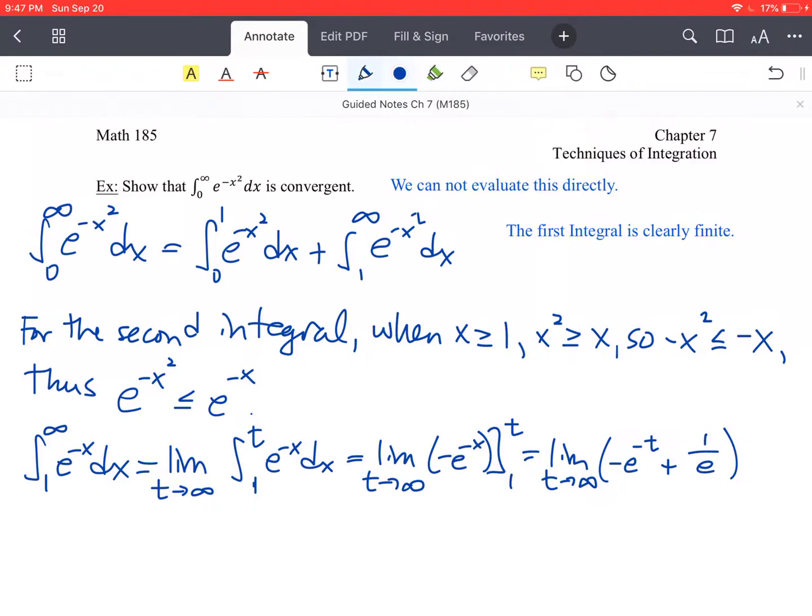And it's going to head towards 0, using similar arguments we made earlier in this section. So the value of the first part is going to go to 0, which means we're just going to be left with 1 over e. And 1 over e is just a number. This is clearly finite, okay, which means that it converges.